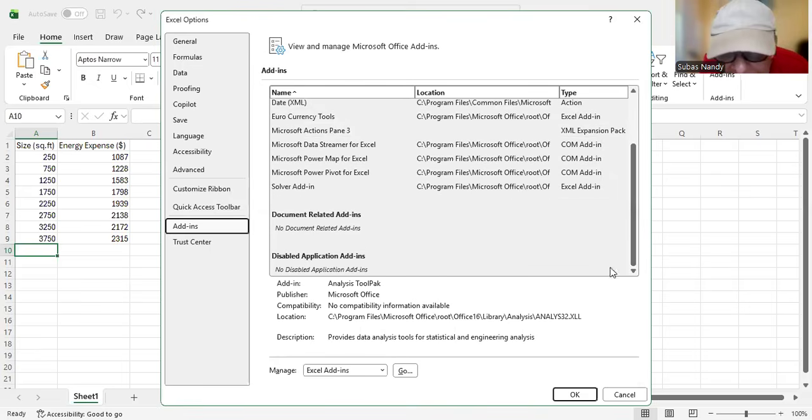So you are looking for add-ins and you are going to add in.